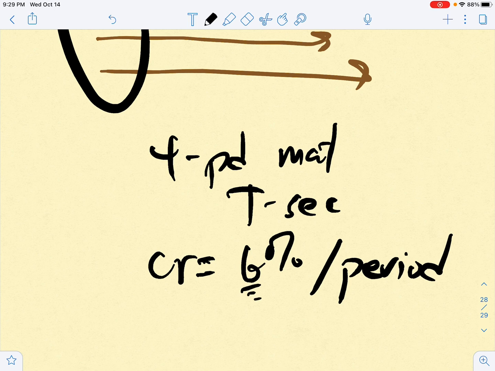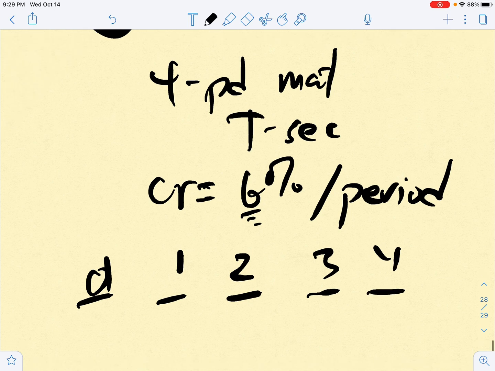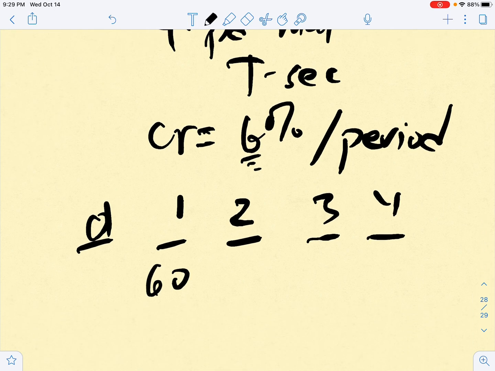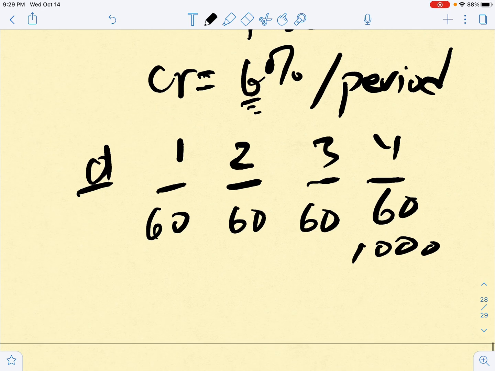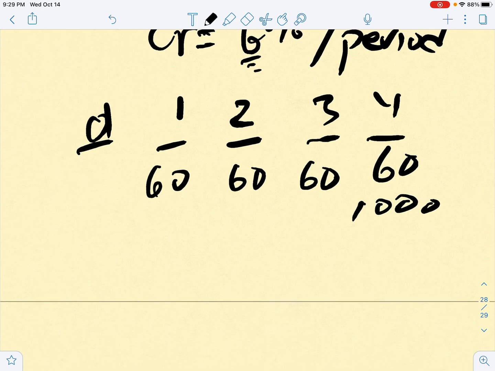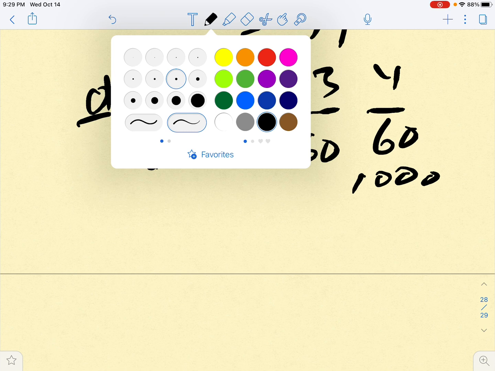So by assumption, for this 4-period maturity treasury security, the promised cash flows are 60 at date 1, 60 at date 2, 60 at date 3, and 60 plus 1,000 at date 4. And what I'm telling you is that the real price of this bond in an efficient market will be as follows.